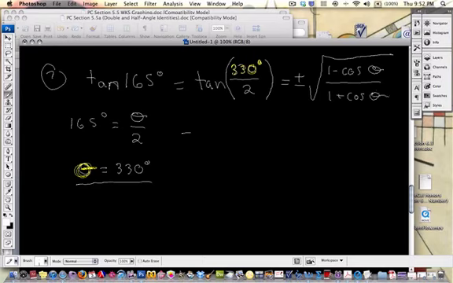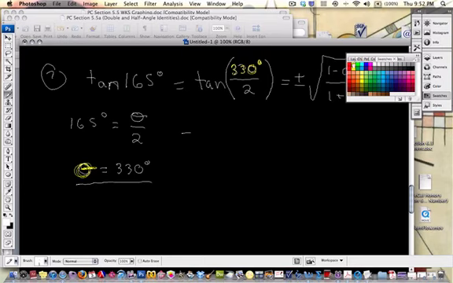My theta, again, is this 330 degrees. So I'm going to go where it says theta, erase that, and write in 330.